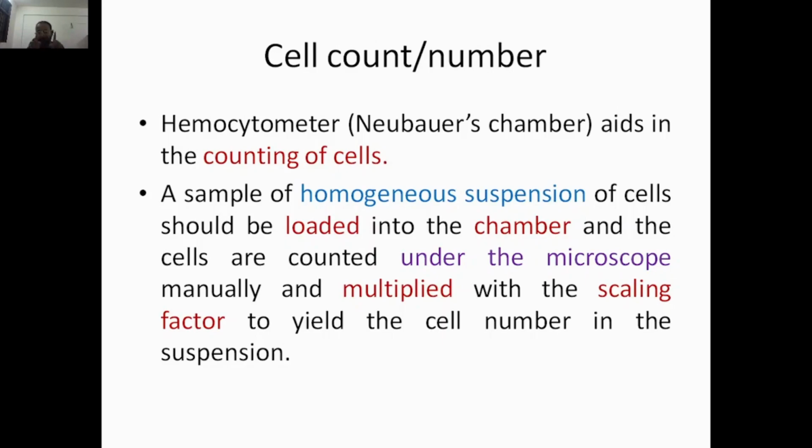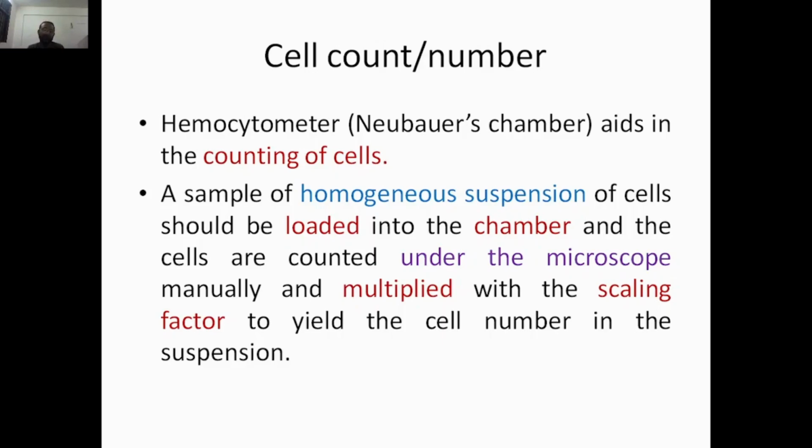Imagine you only have to check if the cells are distributed uniformly. Since it is a homogeneous solution, the cells should be distributed uniformly. So when I check one box, if there are 25 cells falling in that one box, I have to check only one box. Now multiply with the number of boxes which the cells can cover, right?